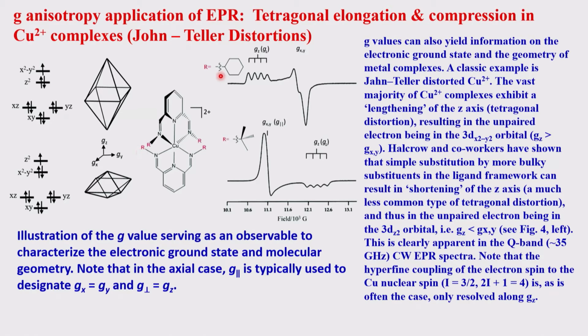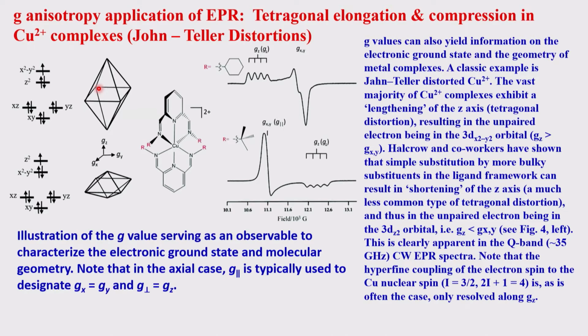Okay. So whatever I explained already you have seen, and this is where you can have 1 electron in the x square minus y square, or 2 electrons in the x square minus y square and 1 electron in the dz square. So this will give a compression, this will give elongation. Just now I have already explained to you. But most examples in the literature you will find elongation.